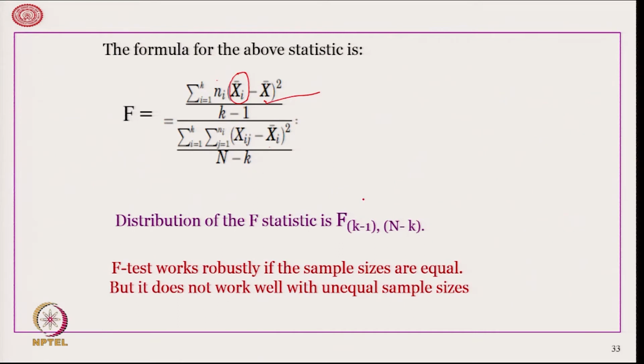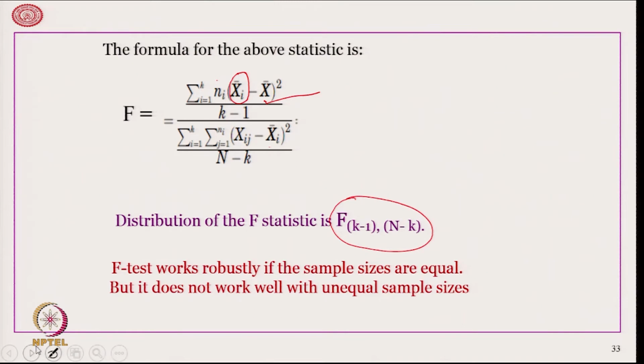We are not going into the details, but the corresponding statistic will follow an F distribution with k minus 1 and n minus k as its parameters. Now, the F test works robustly if the sample sizes are equal, but it does not work well with unequal sample sizes.